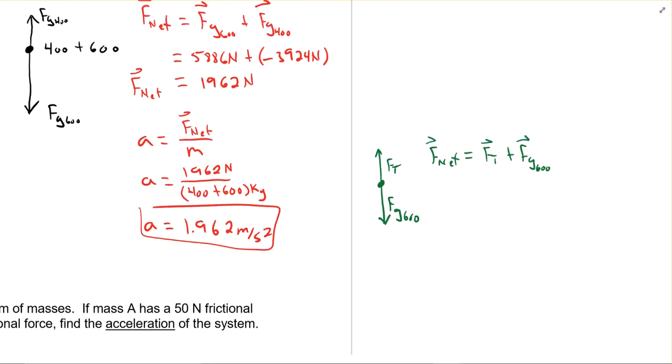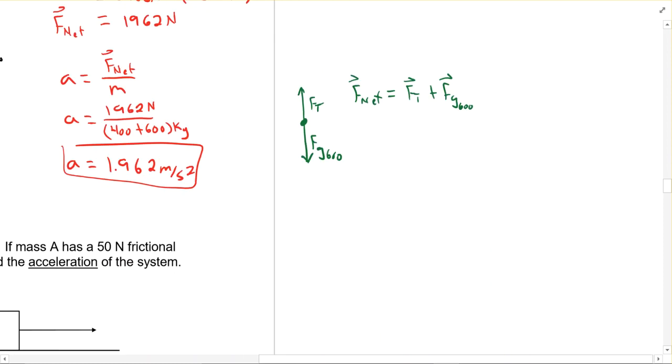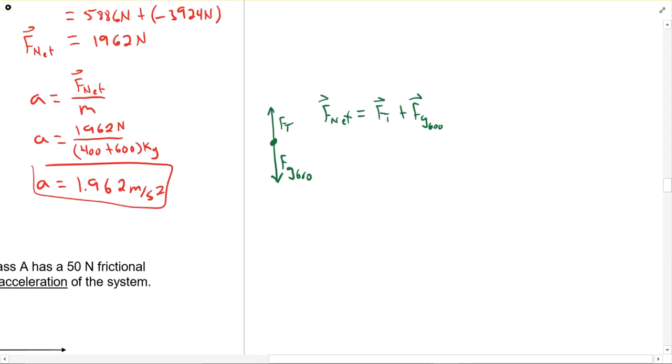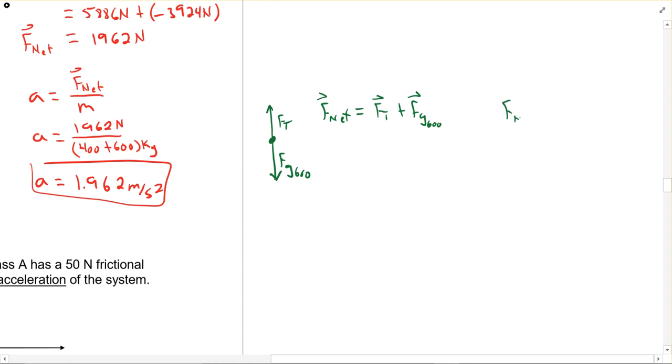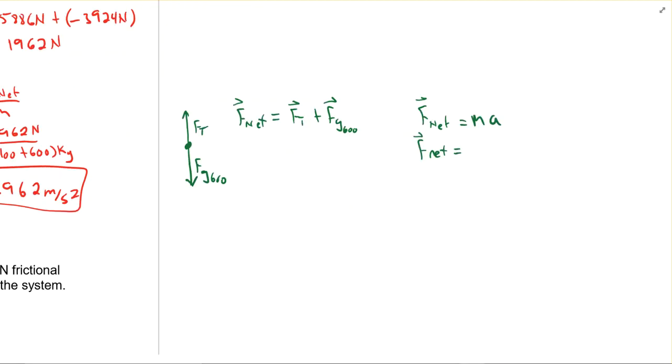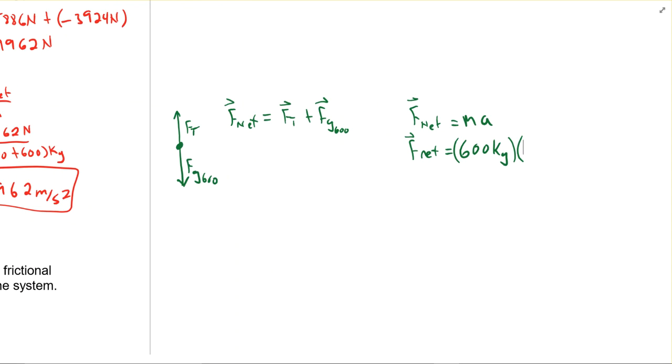We don't know F net yet, but we can figure that out pretty easily. F net is equal to mass times acceleration, and our mass is 600 kilograms times the acceleration that we just figured out, 1.962 meters per second squared.